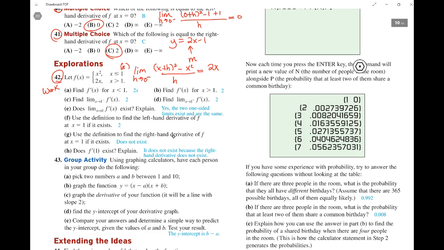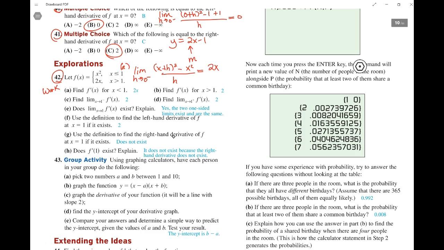Okay. Use the definition to find the left-hand derivative at x equals 1 if it exists. Oh, we kind of already did that. Wait, this one says, use the definition of the left-hand derivative of f at x equals 1. Oh, I see what they're saying. They're saying go through this whole process again, but plugging in 1 for x.